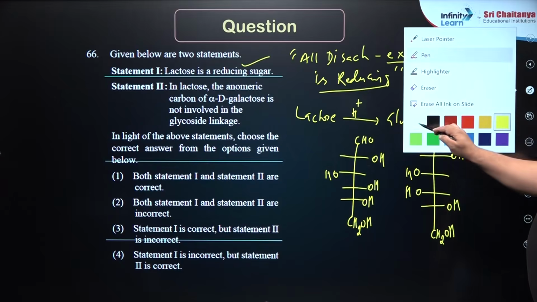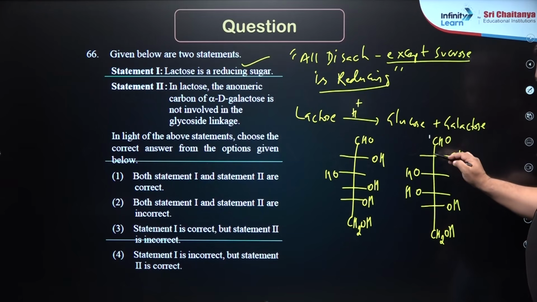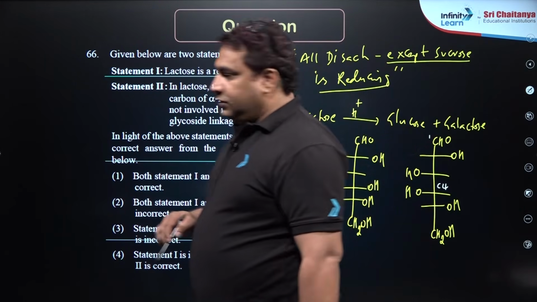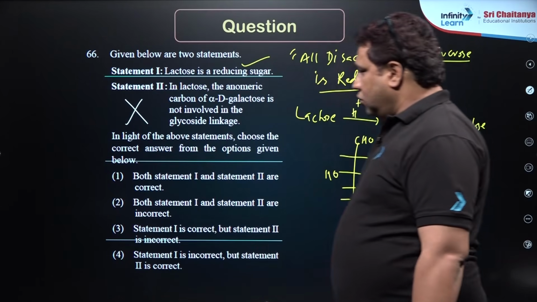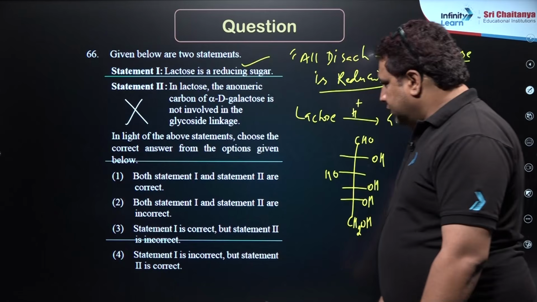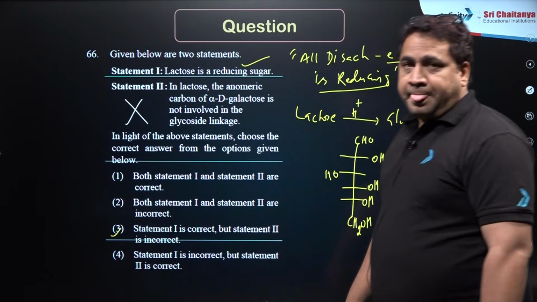So everybody can see this is 1, 2, 3, this is 4. So glucose and galactose are C4 epimers. So this statement is a wrong statement. Hence statement 1 is correct, 2 is incorrect.